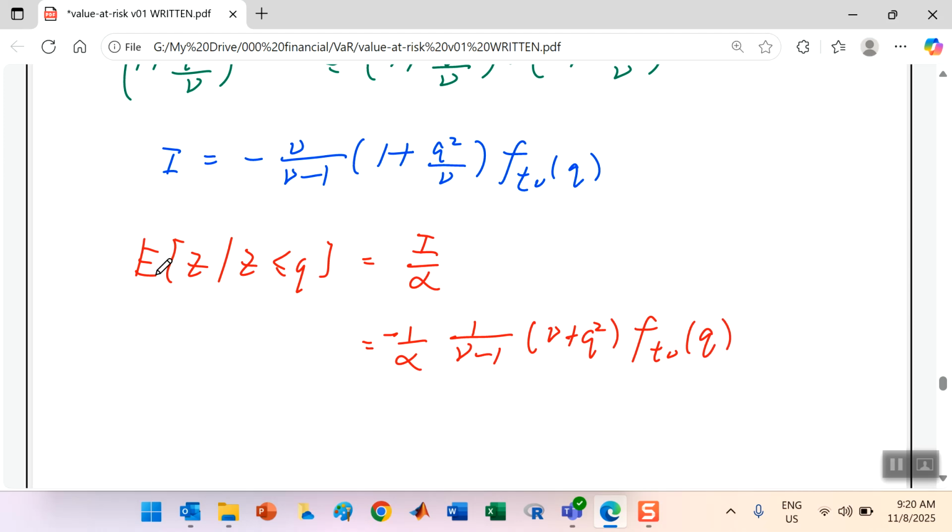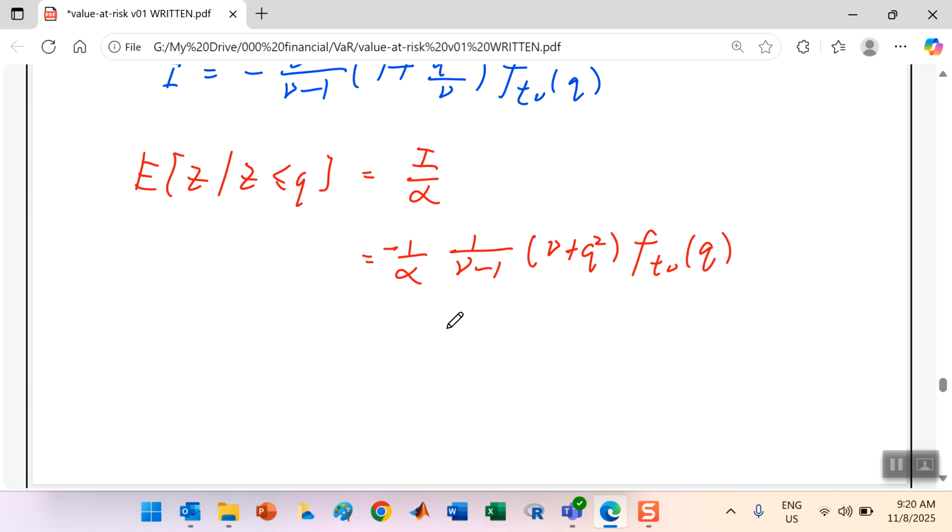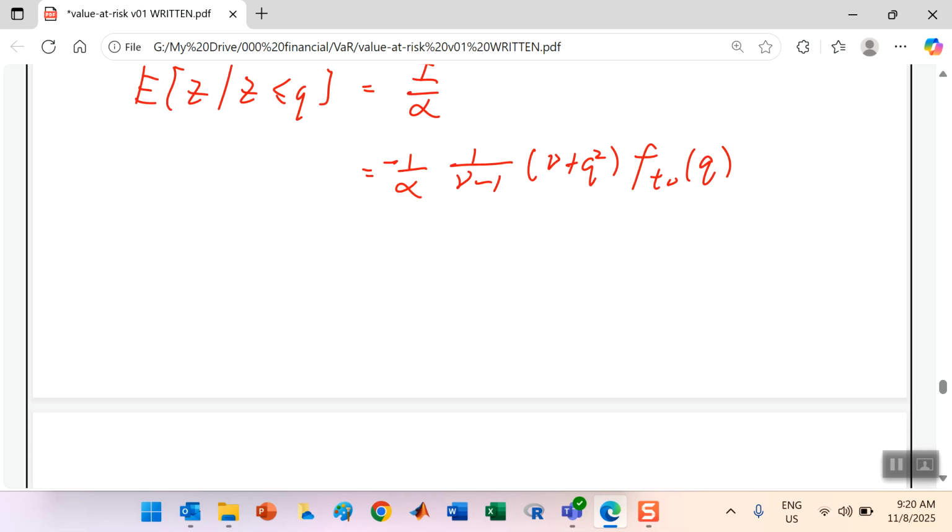So now you have the expected value. We can substitute this back to the ES, expectation for alpha with mu plus sigma the E of Z less than Q. Okay, this is the value.